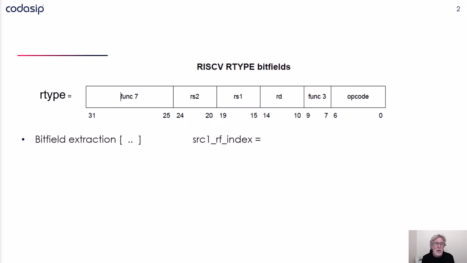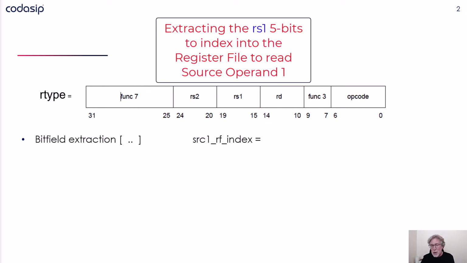I'm going to use the bit extraction technique, which is an open close bracket with two dots. Now, how am I going to write this? Well, first of all, I need to know the name of my signal, what I just read in from the fetch. For this example, I'll just call it R-type.